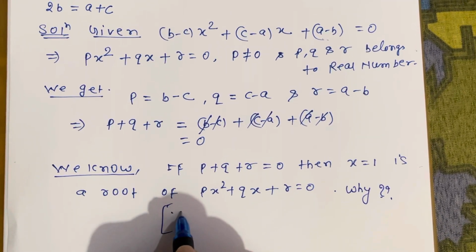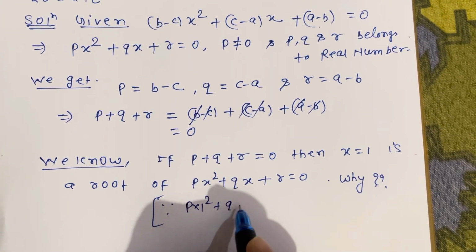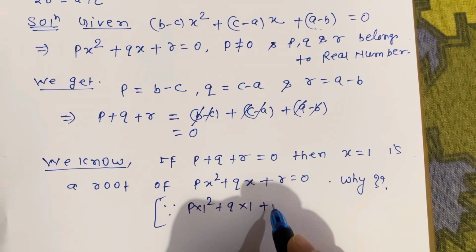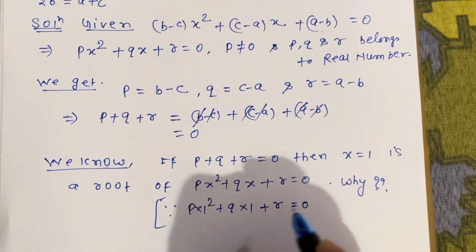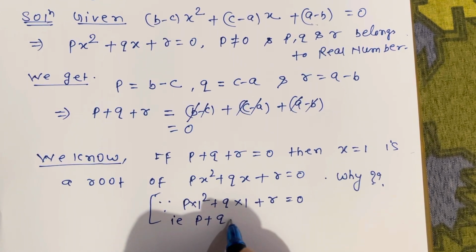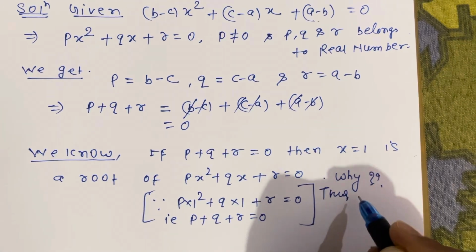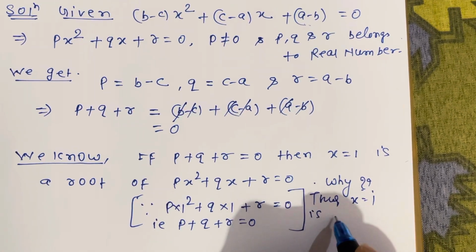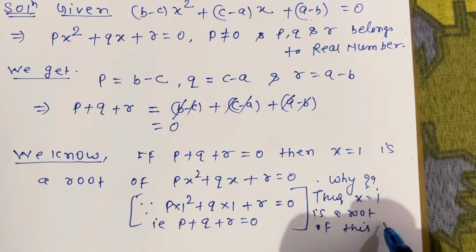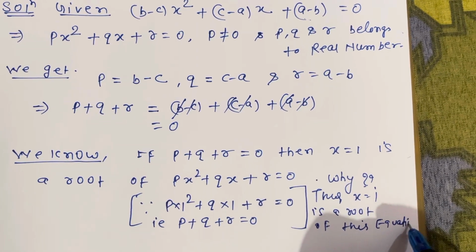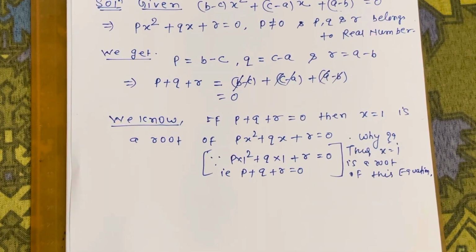If you put x is equal to 1 in this equation, p into 1 square plus q into 1 plus r is equal to 0. That is p plus q plus r is equal to 0. So x is equal to 1 is a root of this equation.